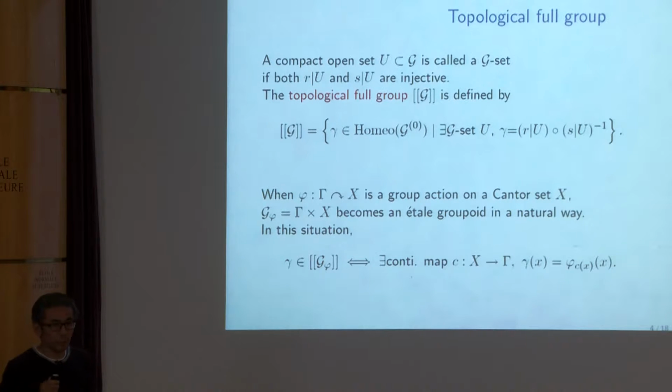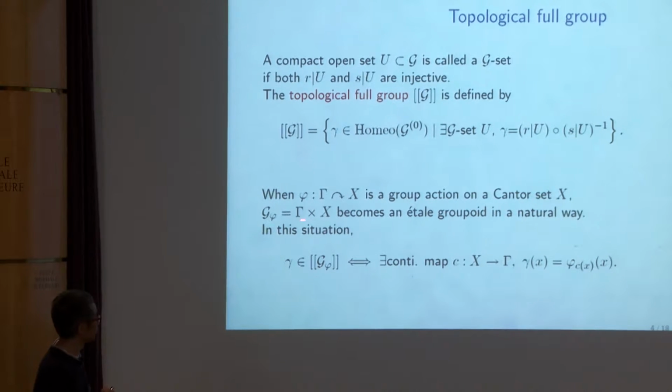And the most basic example comes from, of course, a group action. So let's consider a group action. Gamma is a discrete group, and phi is the action on a Cantor set X by homeomorphisms. Then I consider gamma times X, the product, and the topology is just the product topology.